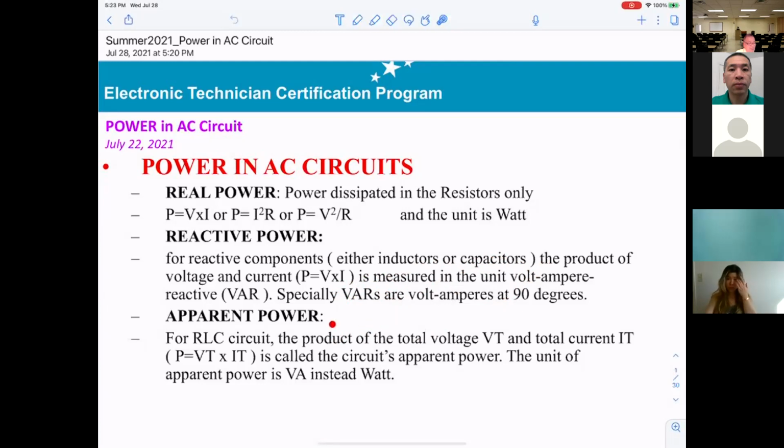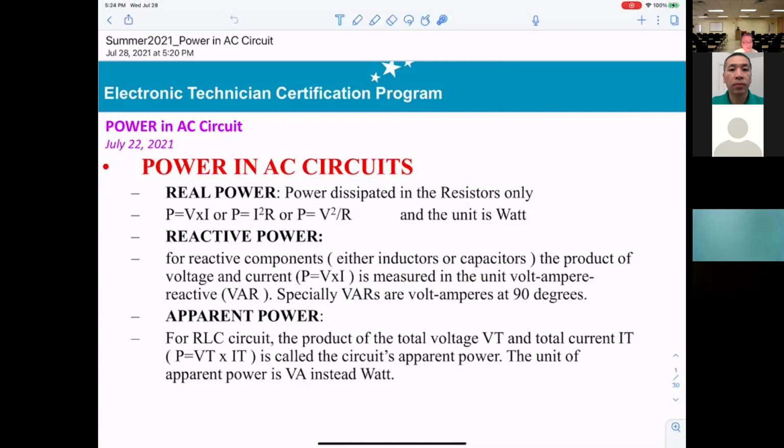Okay? Watt means only the real power, while VAR is volt ampere at 90 degrees. You understand, in the R, in the L circuitry or C circuitry.